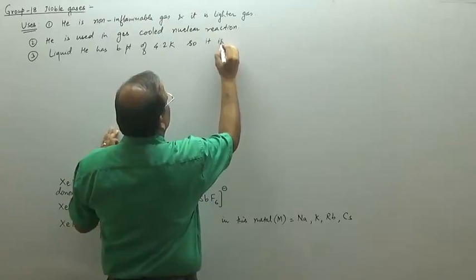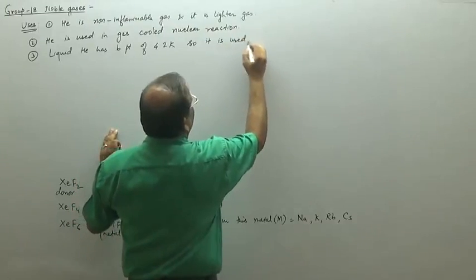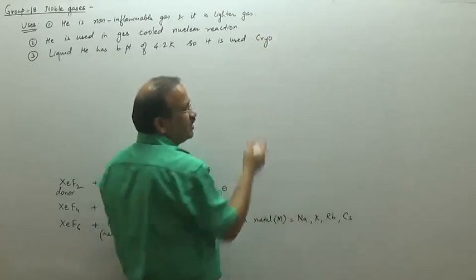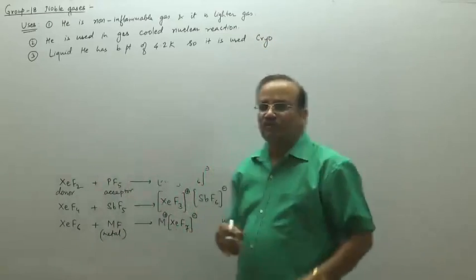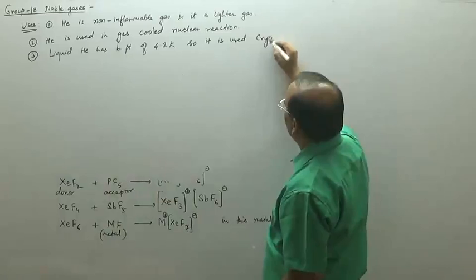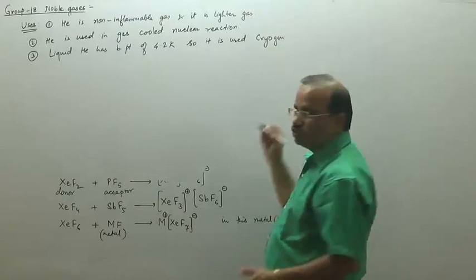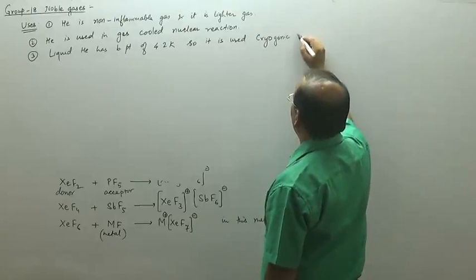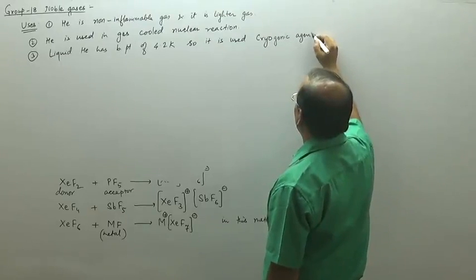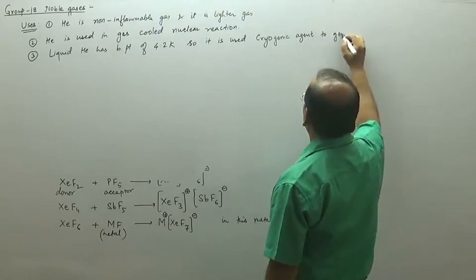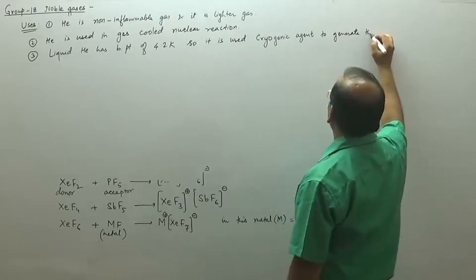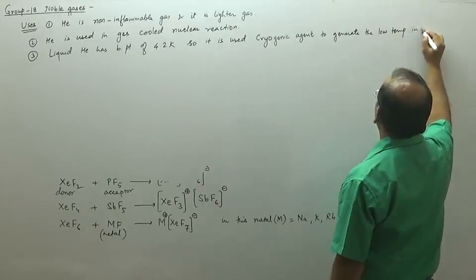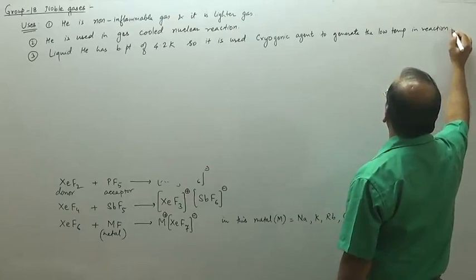Cryogenic agent means the agent which can make the temperature very low. So it is used as a cryogenic agent to generate the conditions of low temperature in reactions.